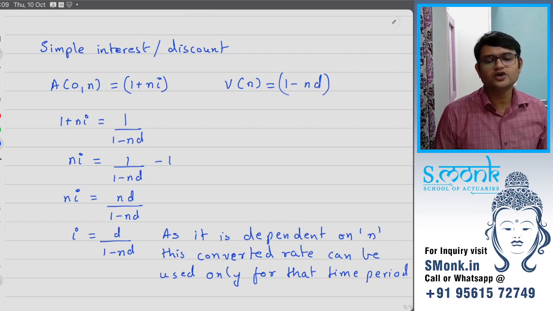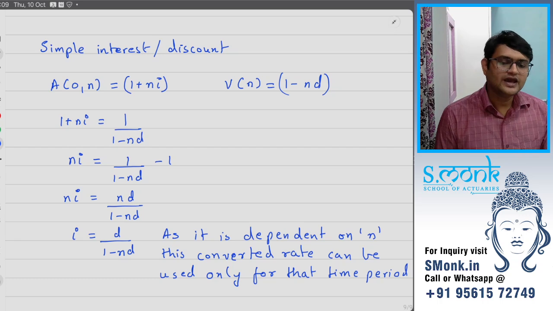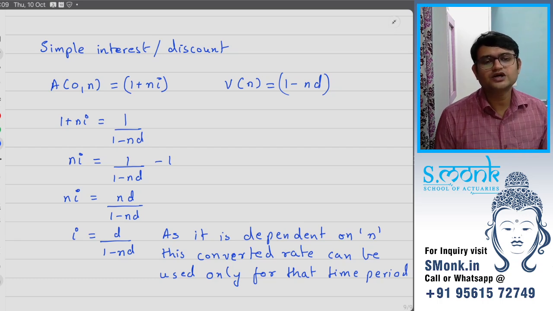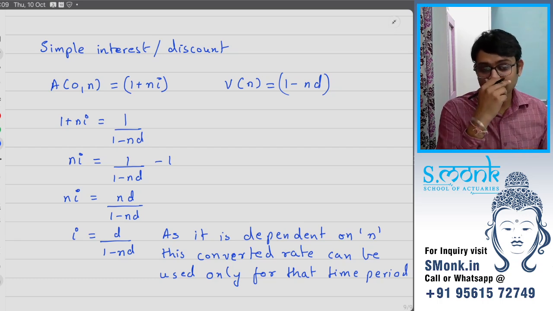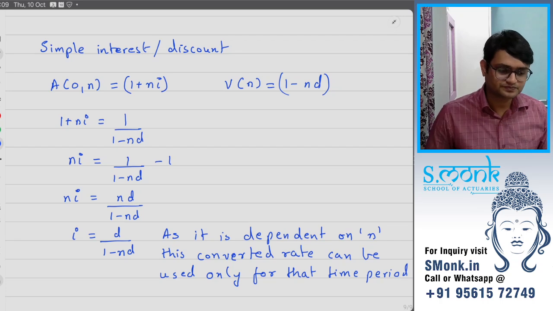As it is dependent on n, this converted rate can be used only for that time period, and that is why we don't really use the conversions for simple rate of interest and discount.